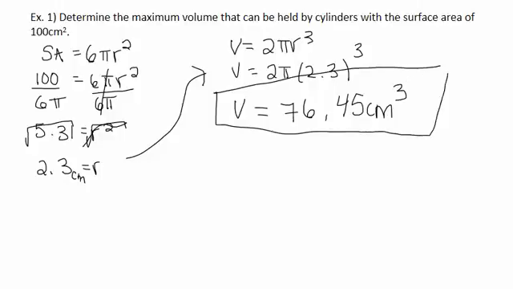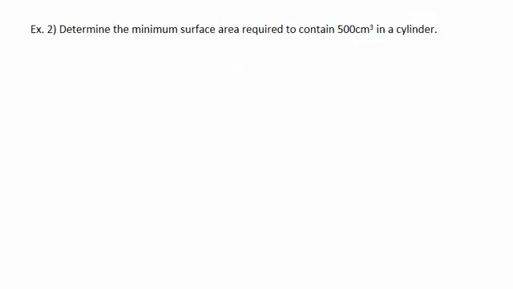Moving on to another example, determine the minimum surface area required to contain 500 centimeters cubed in a cylinder. So let's use our volume formula from above, plug in this value for volume and solve for r. Then we can plug in that value for r into our surface area formula and actually calculate the surface area.